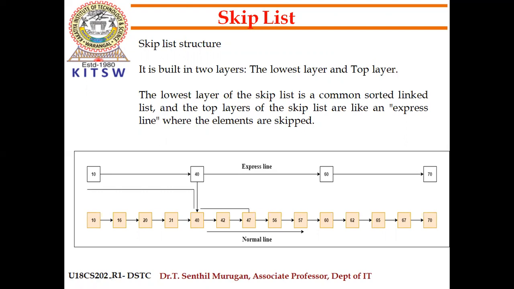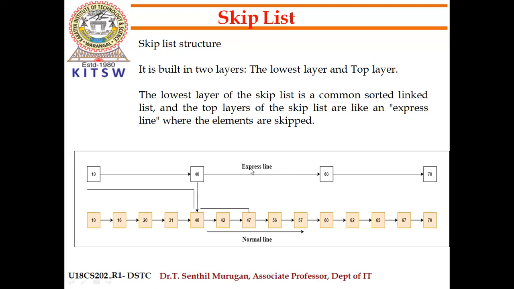The top layer of the skip list is like an express line, where the elements are skipped. See this diagram: the bottom line is the normal line, with all the elements in the linked list.